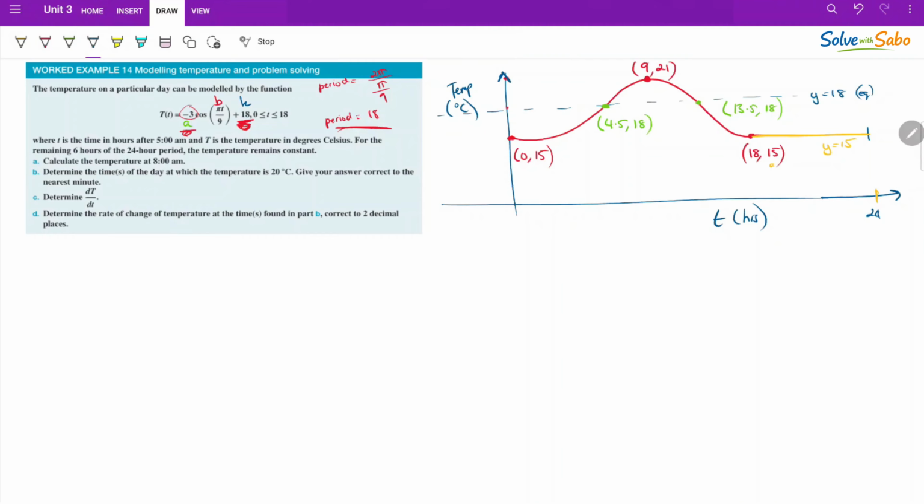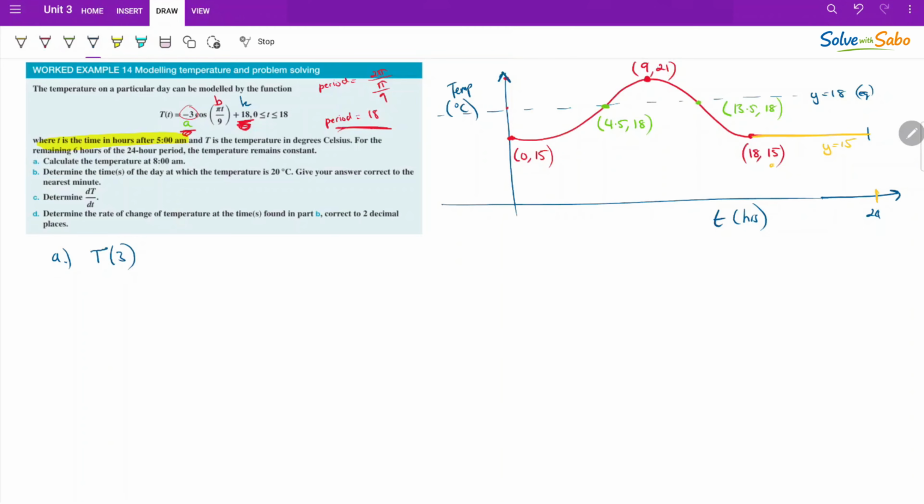All right, part A, calculate the temperature at 8 a.m. Okay, well, clearly I know that I'm going to be sitting somewhere up here. But hold on a second, that can't be right. That's when T is 8. Well, what I want is 8 a.m. And this question says T is the time after 5 a.m. So what A is really asking us is, what is the temperature at 3?